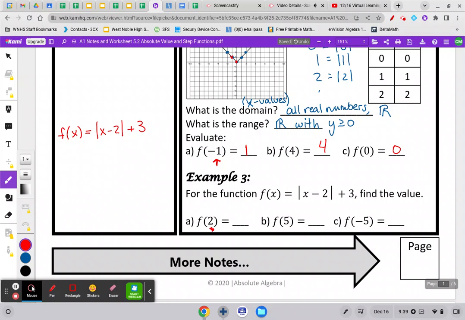That's what this function 4 means. 5 for x and negative 5 for x. So let's do it. f of 2 is equal to the absolute value of 2 minus 2 plus 3. So that is 0 plus 3. So f of 2 is equal to 3.